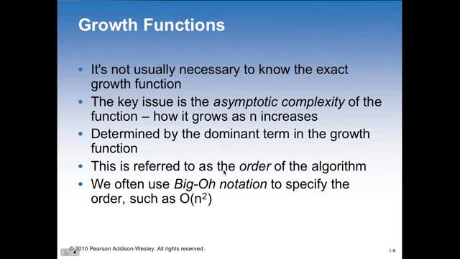So this is often referred to as the order of the algorithm. We also use the big O notation, as I mentioned already, to specify the order. So we have this generic calculation for big O notation. We can specify the order of the degree of complexity that might exist in terms of the efficiency.